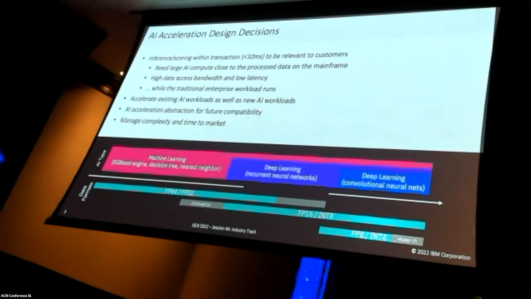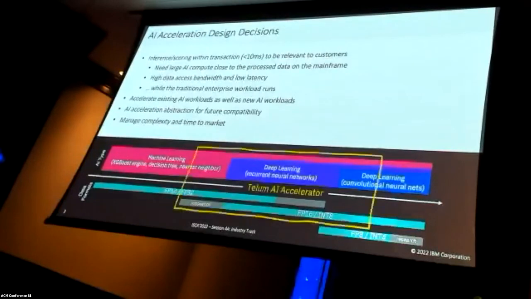And another dimension is that customers have workloads which are orchestrated and running on the machine. There are mission critical things with zero downtime. And so we needed to have the AI embedded so that it's not disturbing all their running workload. And this is why we went also for a centralized accelerator instead of putting some AI functions, for example, in all the cores.